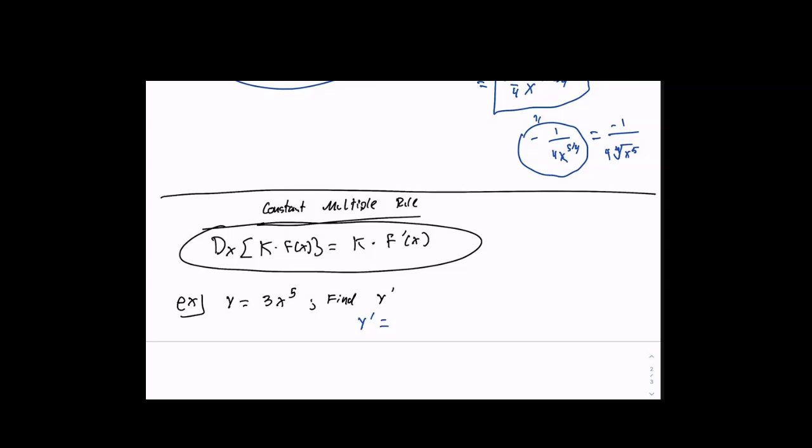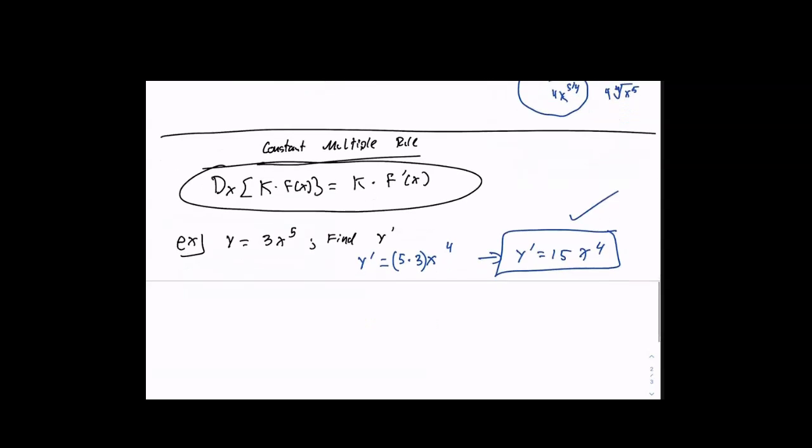I'll write it that way, since it is lecture notes, times x to the 4. Typically we would say y prime equals 15x to the 4th, and boom, in one step you're done. The 5 gets multiplied by the 3.